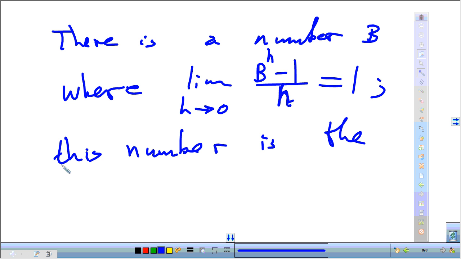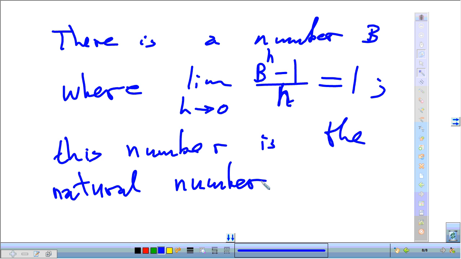And for that reason, it's very generic to all of these exponential growth, decay being proportional to the amount present. It's actually known as the natural number. Okay? So it's so prevalent in the world, in models, this number is distinguished.